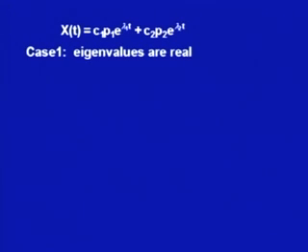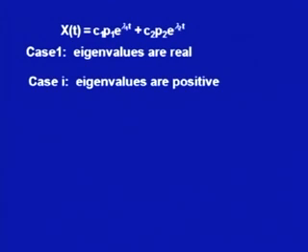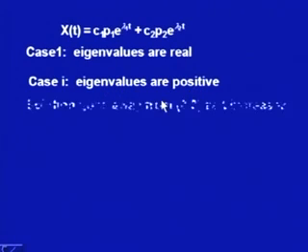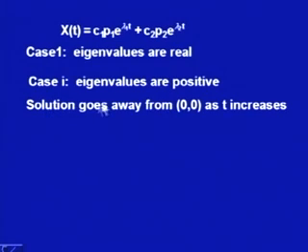Case 1 is when the eigenvalues are real, and in this case I will subdivide into cases: eigenvalues may be positive, eigenvalues may be negative, eigenvalues may be 1 positive, 1 negative. So, I will first discuss the case when eigenvalues are positive. So, when the eigenvalues are positive and distinct, then the solution goes away from (0, 0) as t increases.